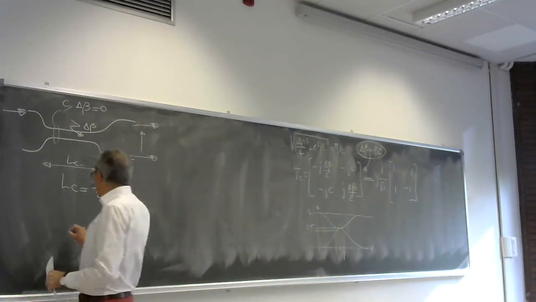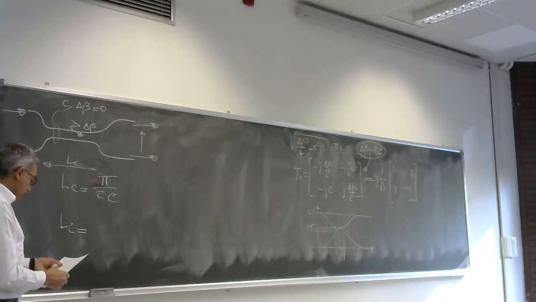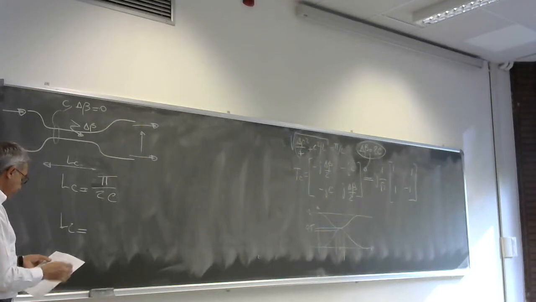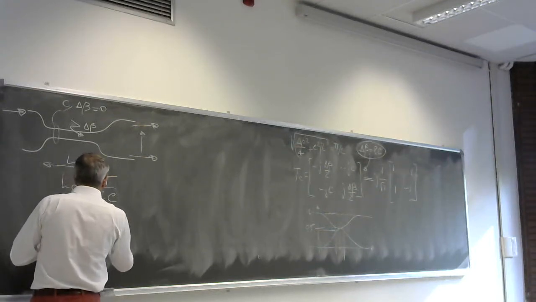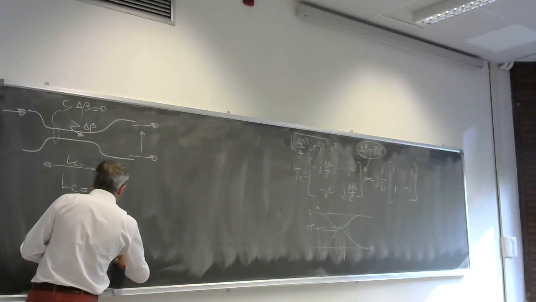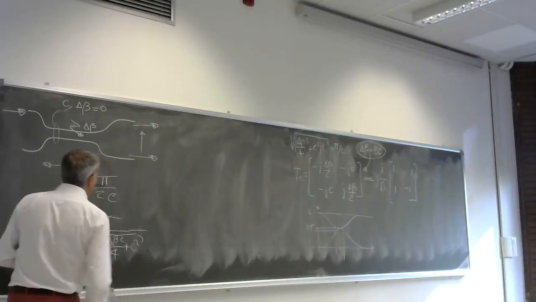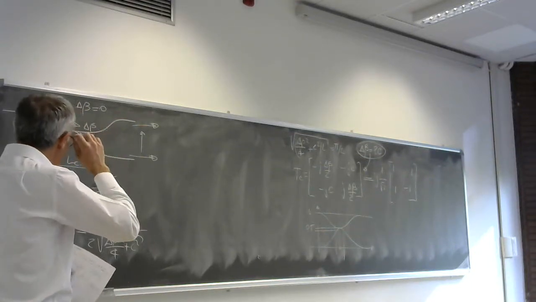In this case, the coupling length or pi length is given by pi divided by 2 square root of delta beta square divided by 4 plus C square. The expression is a little bit more complex, and it's this one.